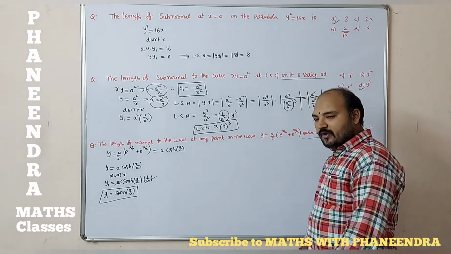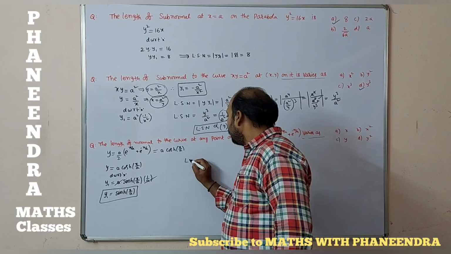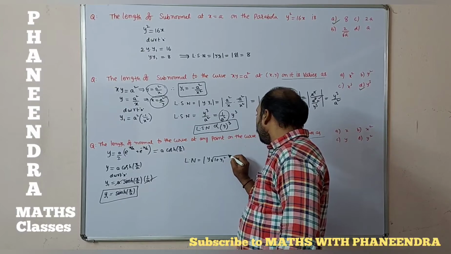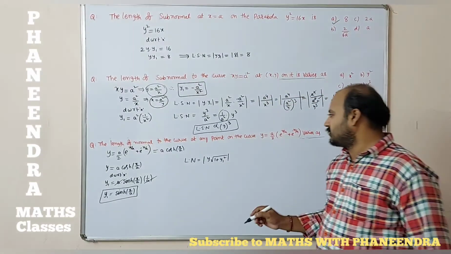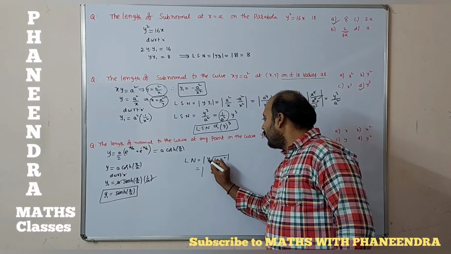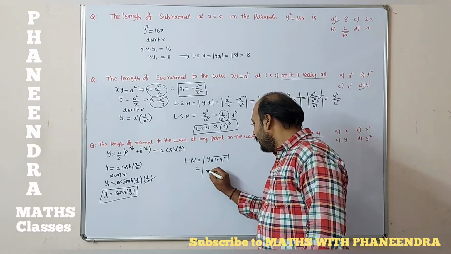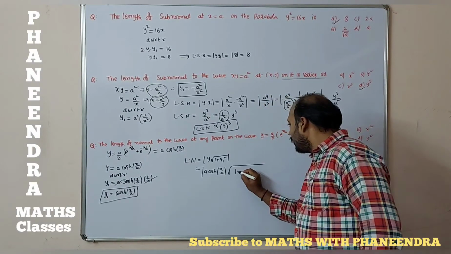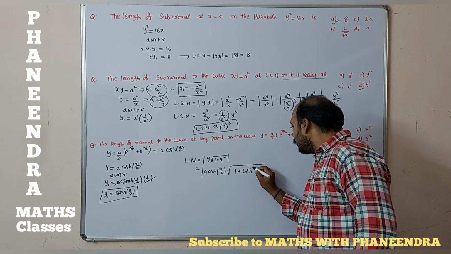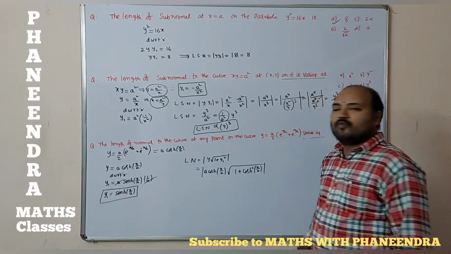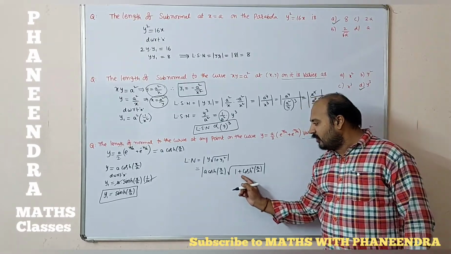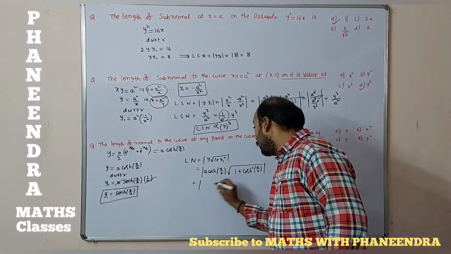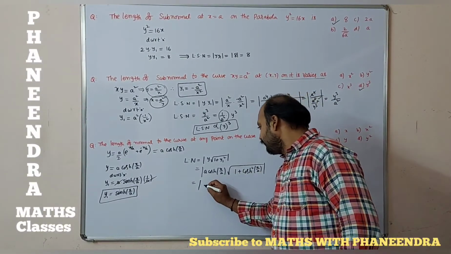After getting the value of y1, length of normal, ln is equal to mod y into root over 1 plus y1 square. You need to learn the formulas thoroughly. Which is equal to mod y. Y means a cos h x by a into square root of 1 plus sin h square x by a.